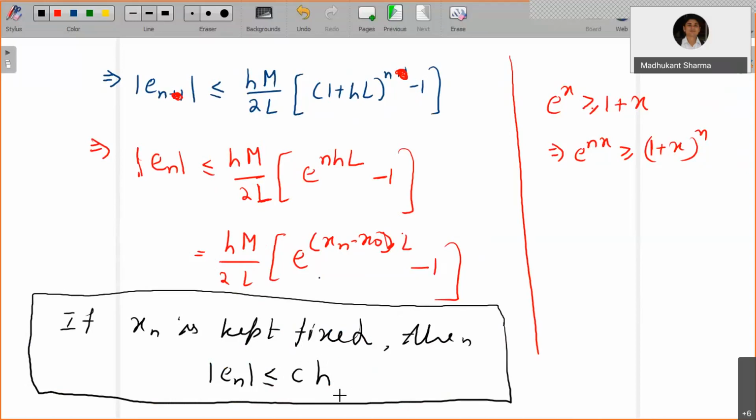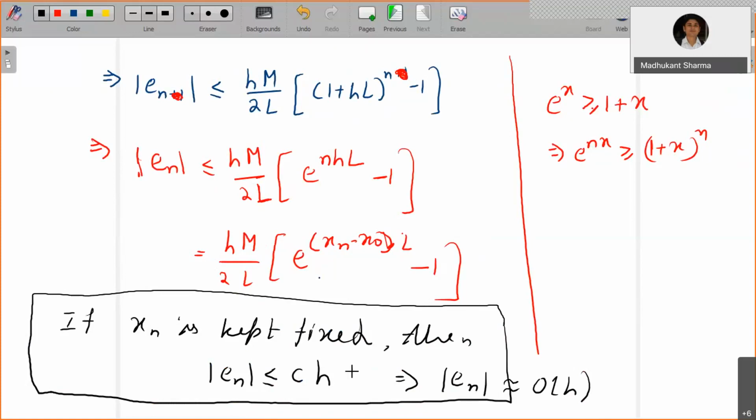So this implies mod of En is approximately O(h), because when n goes large, it tends towards equality. So the error behaves like O(h). So the order of convergence of Euler's method is 1.